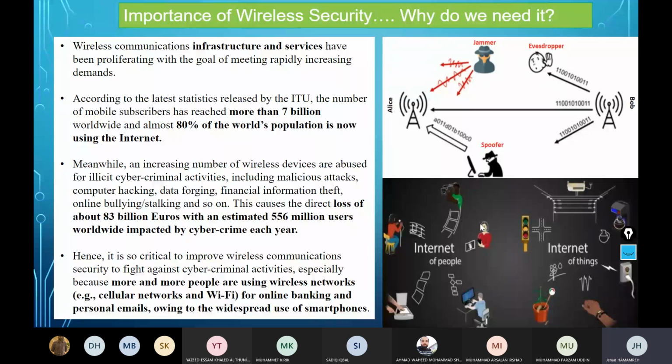Those first 5 layers have attacks that are common to both wired and wireless, while wired networks have attacks which are different from wireless, so they are not the same.